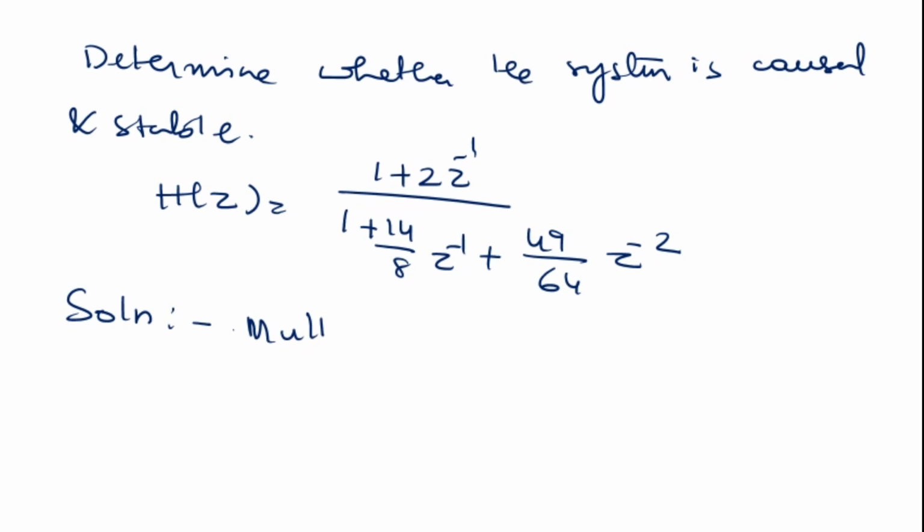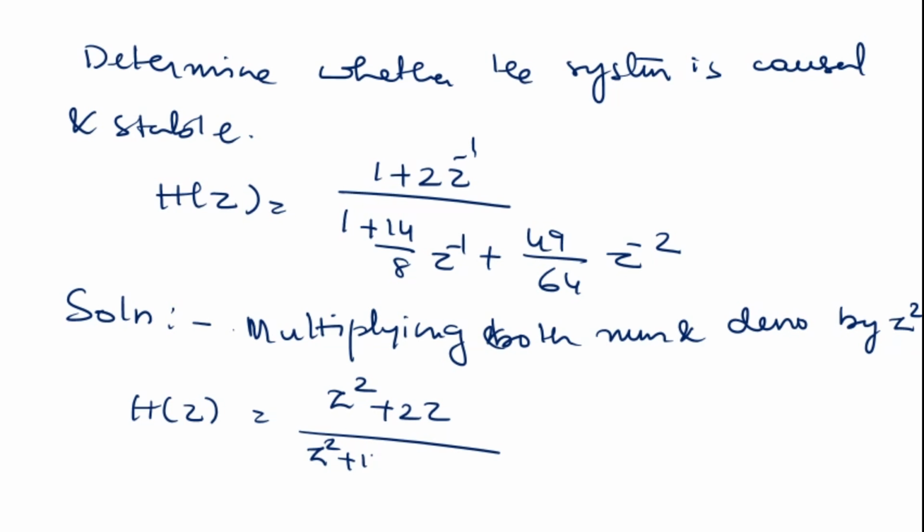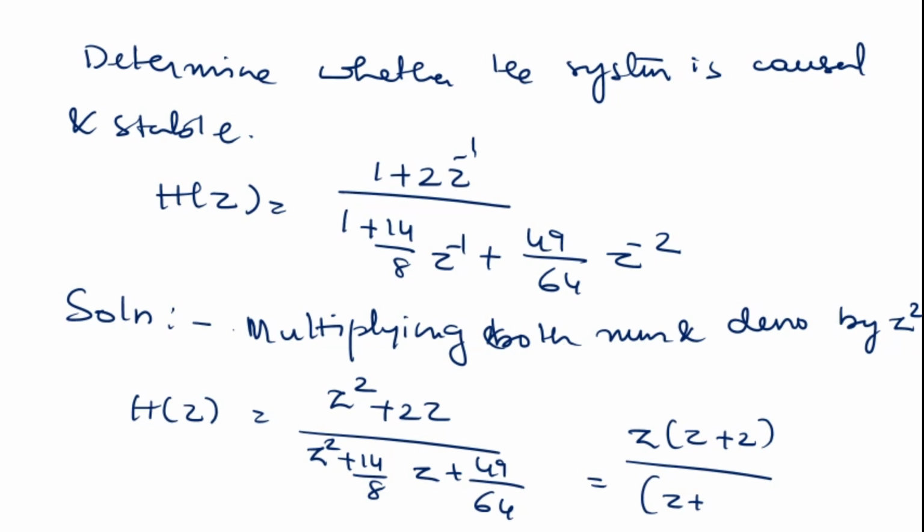Multiplying both numerator and denominator by z square, we get h of z is equal to z square plus 2z divided by z square plus 14 by 8 z plus 49 divided by 64, which is equal to z into z plus 2 divided by z plus 7 by 8 whole square.